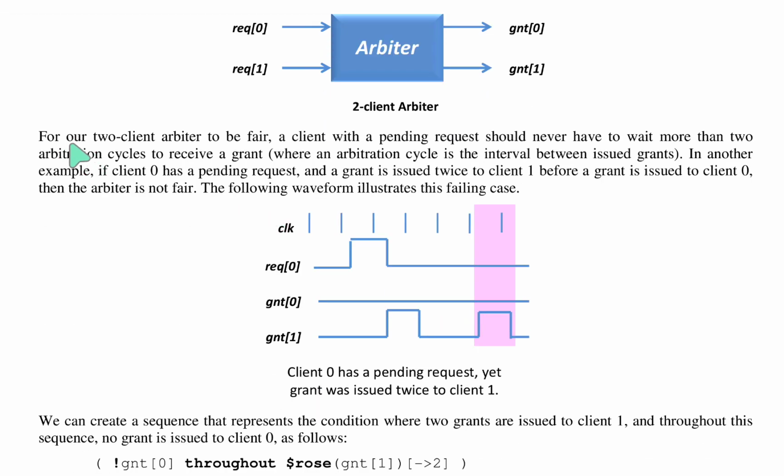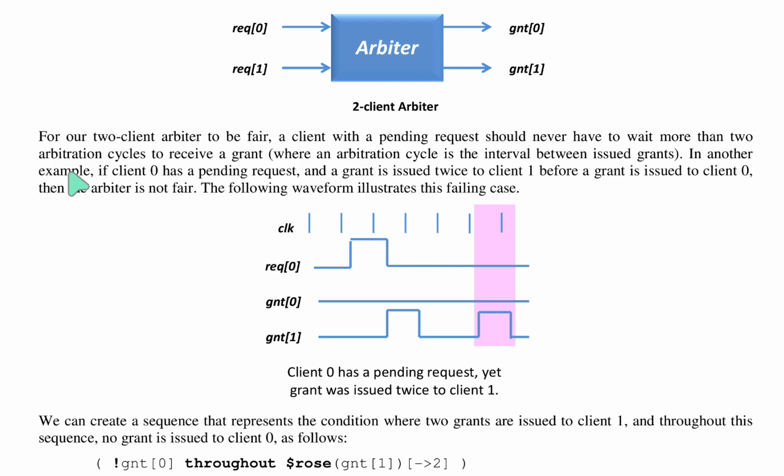For our 2-client arbiter to be fair, a client with a pending request should never have to wait more than 2 arbitration cycles to receive a grant, where an arbitration cycle is the interval between issued grants.